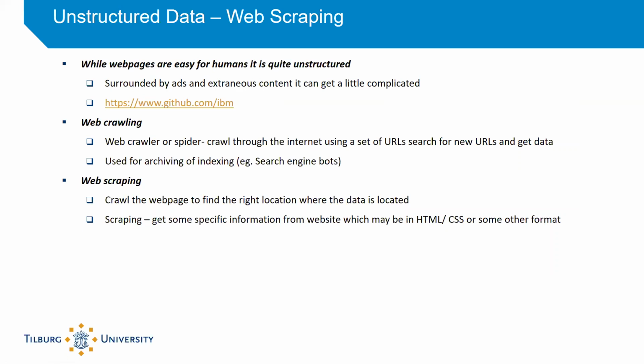It's a mix of many languages. While these pages are easy for humans to understand, when you look at the actual script of the website, it looks like gibberish. So it's very hard to programmatically extract the specific information that you see on a website.